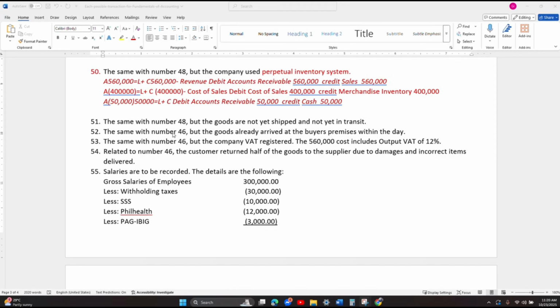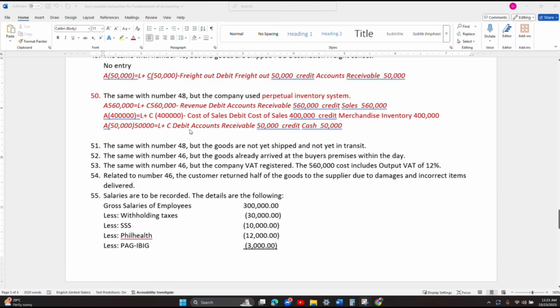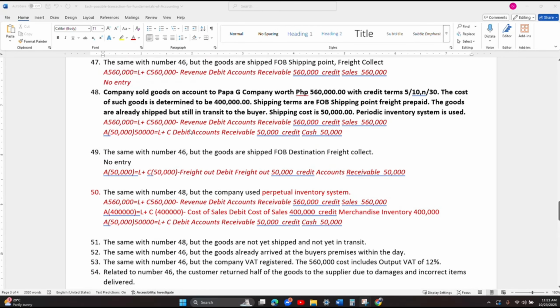Okay, so let's start with number 51. The number 51 is connecting to number 48. Let's go back to number 48. So number 48 is actually our company sold goods on account to Papa G Company worth 560,000 with credit terms 5, 10, and 30.